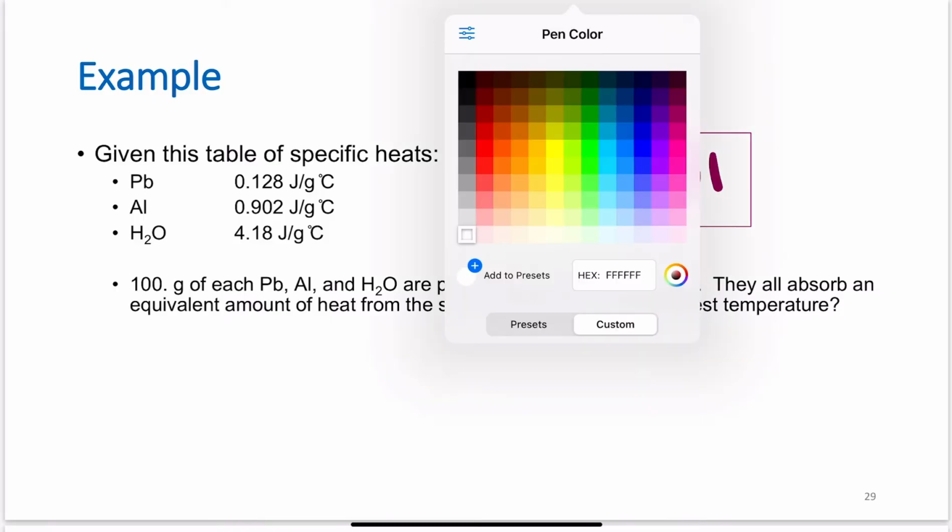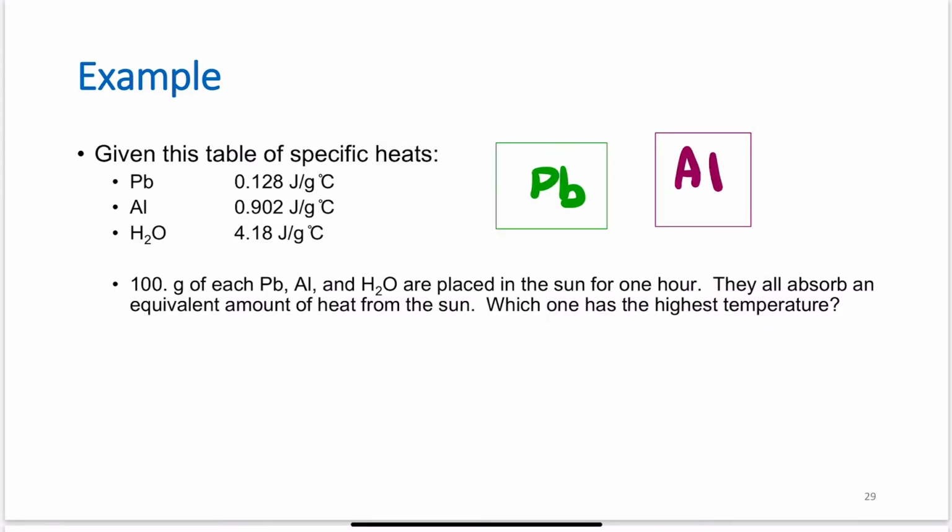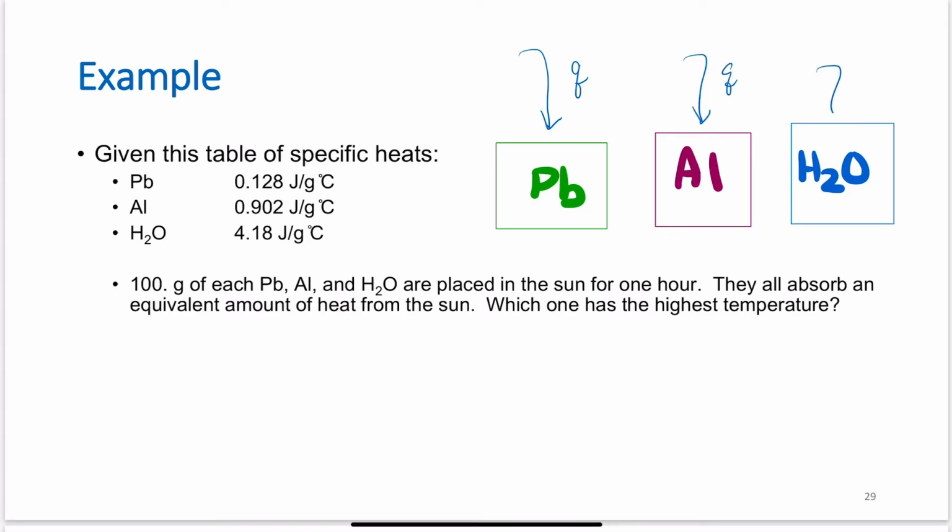And so you can actually see it. I had the white on. Let's say this one is water. Okay, and let's pretend these boxes are actually the same size. I place all of these in the sun for 1 hour. They all absorb an equivalent amount of heat. So, amount of Q went in, amount of Q went in, amount of Q went in. Which one has the highest temperature at the end of this?